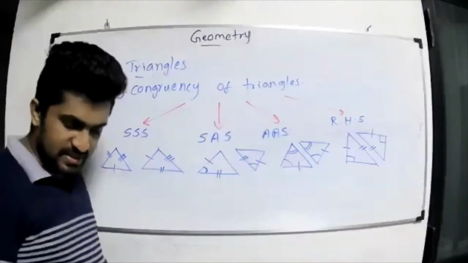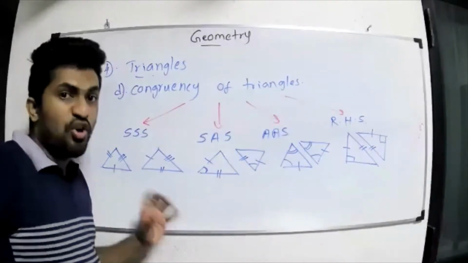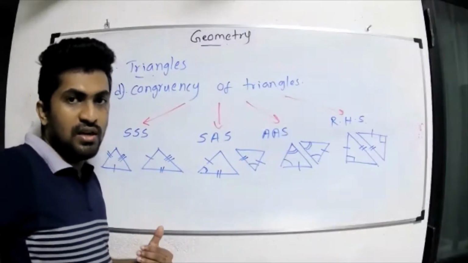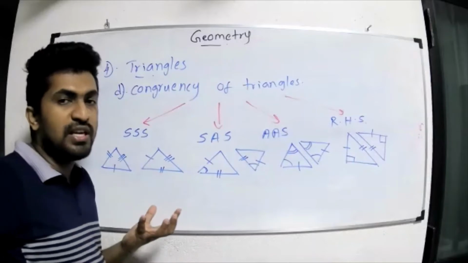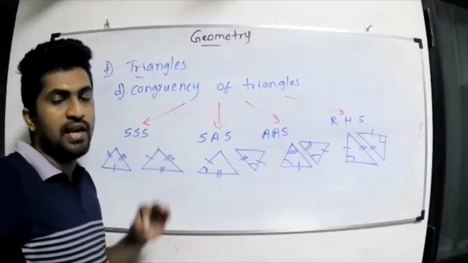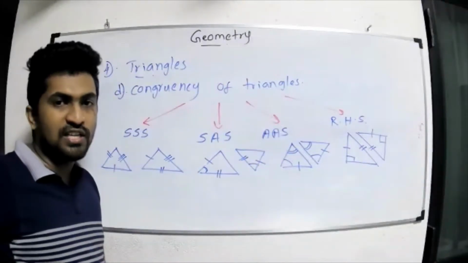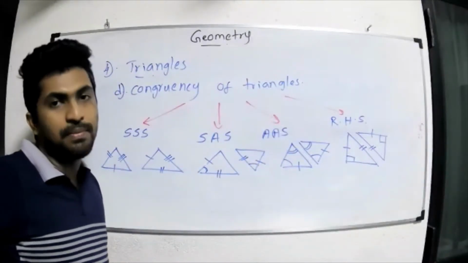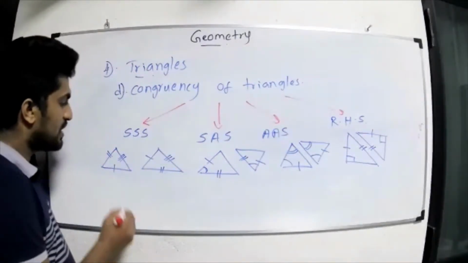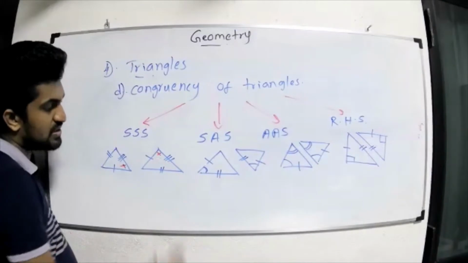If I can say that two siblings are identical, their corresponding elements are also the same. Corresponding elements means left eye with left eye, right eye with right eye, left hand with left hand, right hand with right hand. If you can prove that two triangles are congruent, then you can say their corresponding elements are the same.